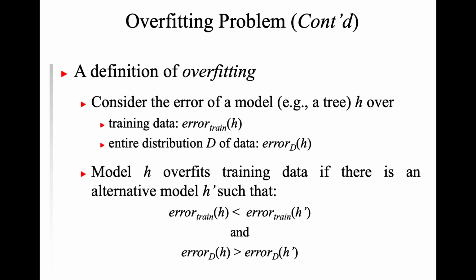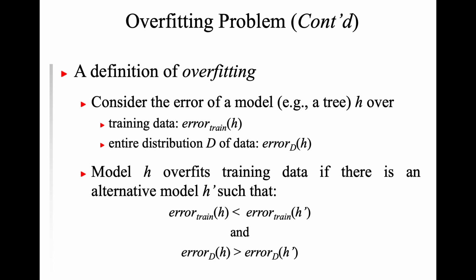And here's a definition of overfitting. Let's say we have the error of a model as h, and we have two types of error. We could have the error on the training set and the error on the whole data.